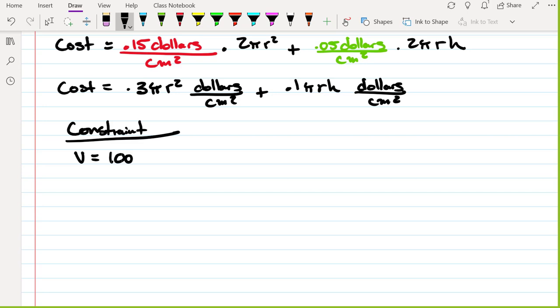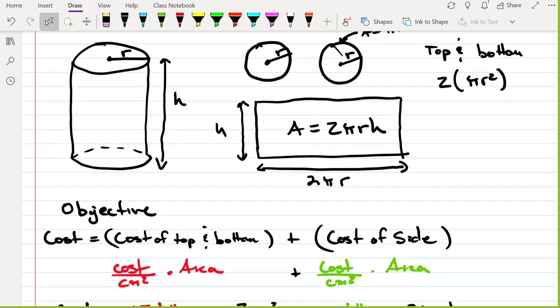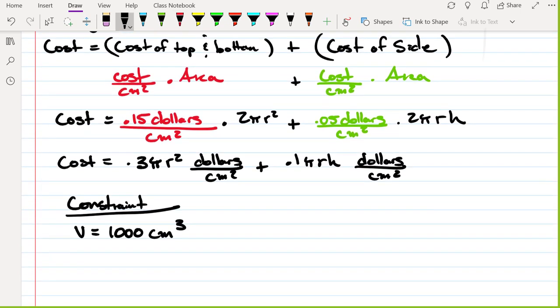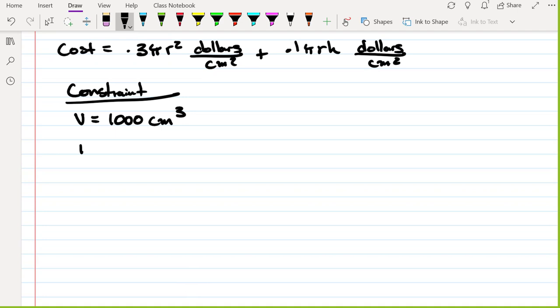And our hint told us that 1 liter is equal to 1,000 cubic centimeters. So now the volume formula for a cylinder is the area of the base, so that's pi r squared times its height. So then that gives us that 1,000 cubic centimeters is equal to pi r squared times h.